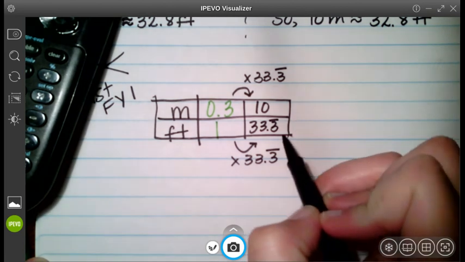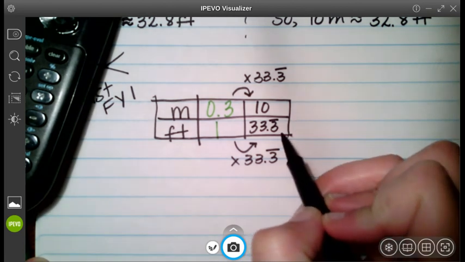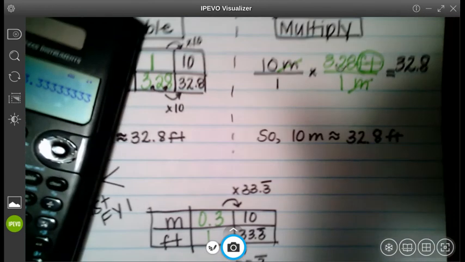So 10 meters is approximately 33 and 3/10 feet. That's really close to the answer that I got before.